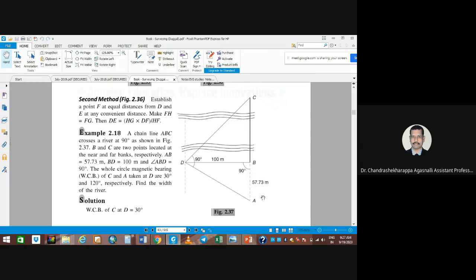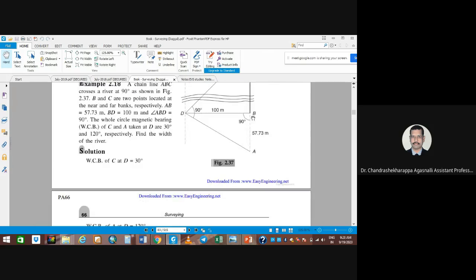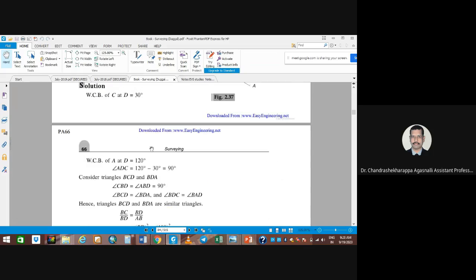This is a mirror of this. The whole circle bearing of CE taken at D is 30 degrees, and we need to find the width of the river. The 30 degrees I was given, plus 90, gives 120 here, the whole circle bearing of AD, and 120 minus 30.